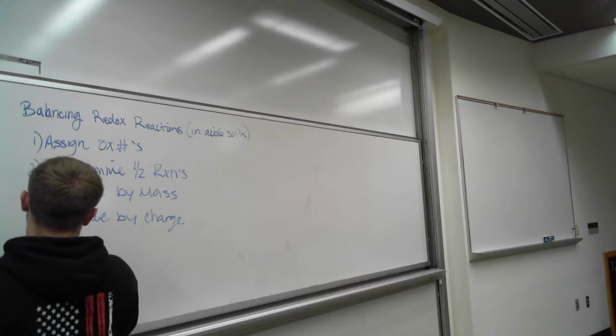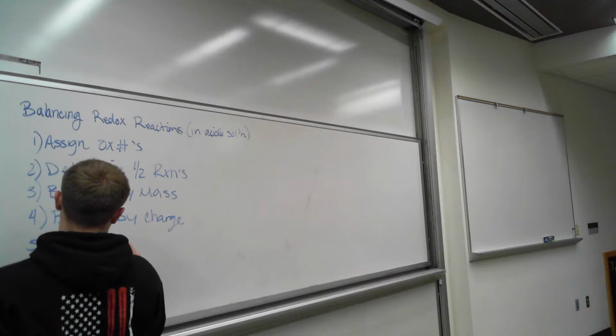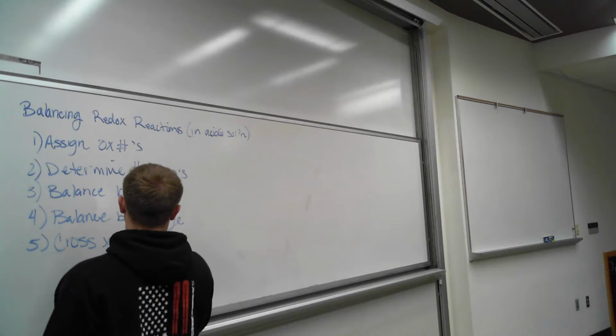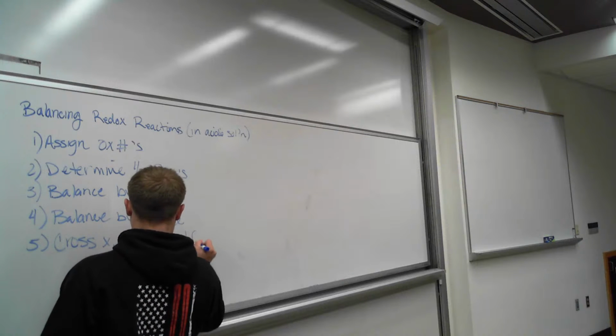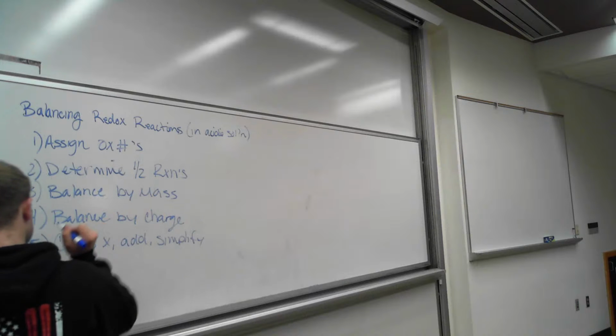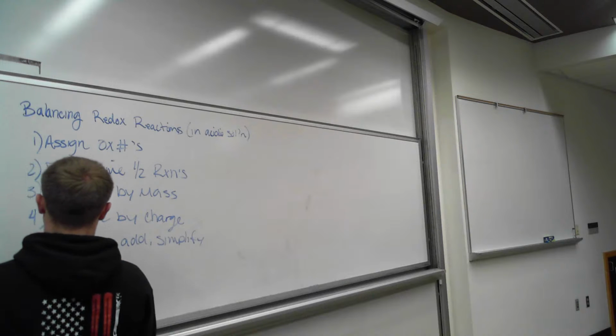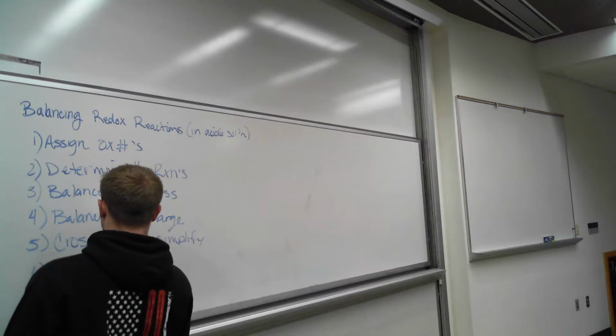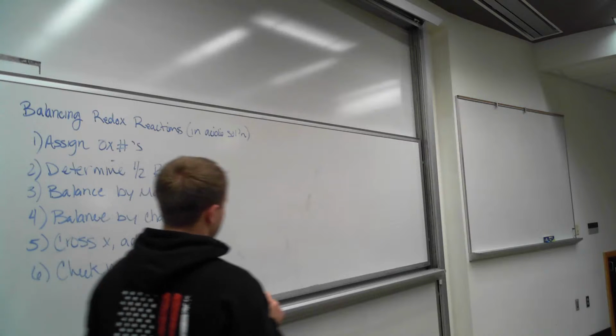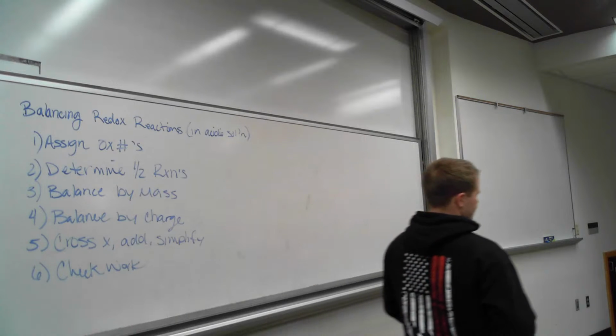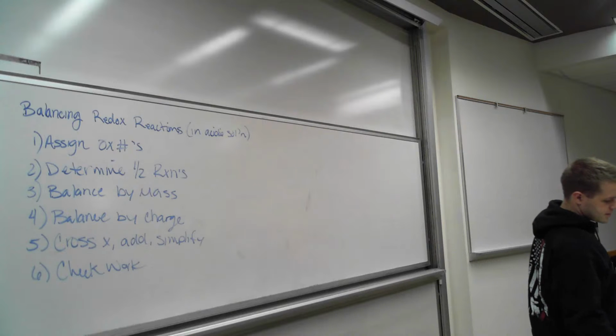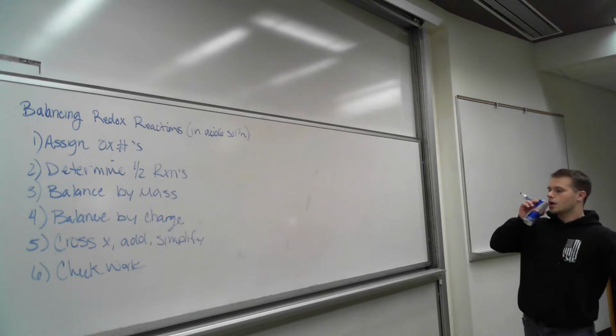Then we're going to cross multiply, add, and simplify. And finally, we will check our work. So here are your 6 steps of balancing a redox reaction.